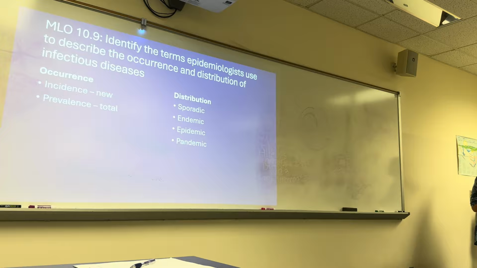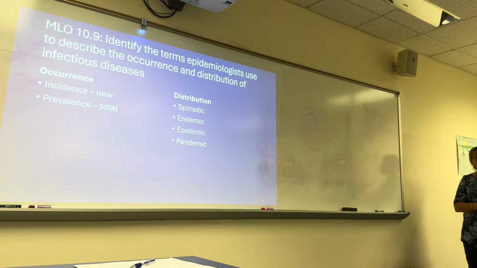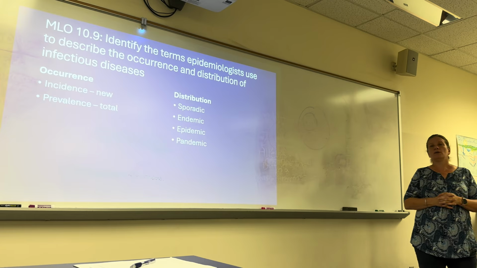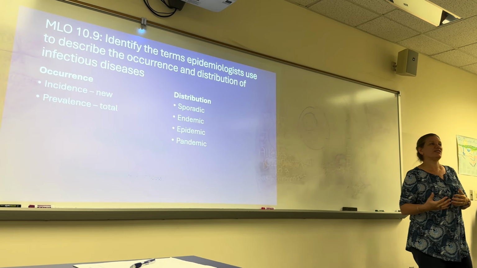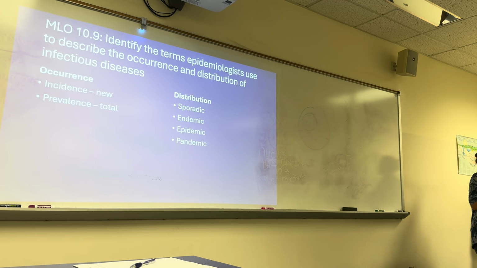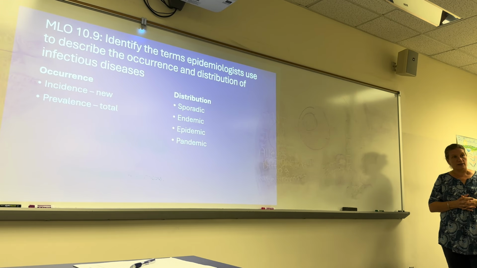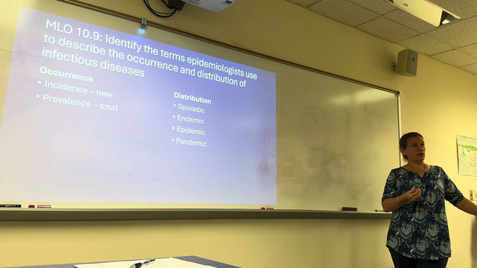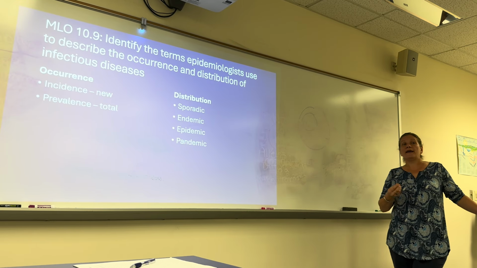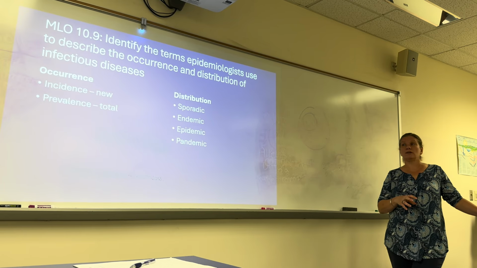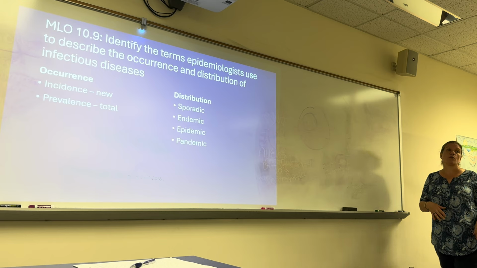So when we're looking at prevalence, we're looking at total numbers from that population at that given time that have that particular disease state. Incidence is the number or proportion of new cases in a given population during a given period of time. So basically the same definition, except incidence looks for new versus prevalence looks for total.